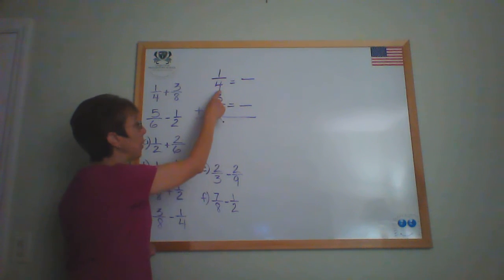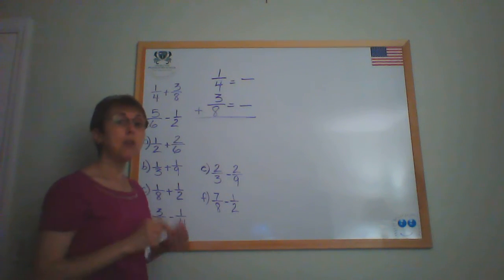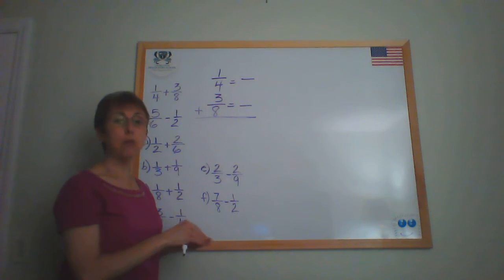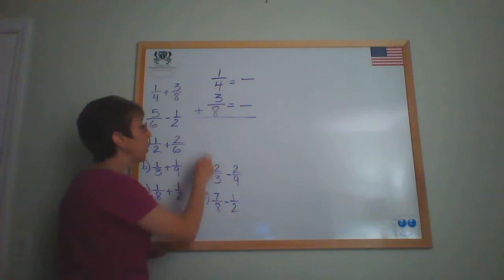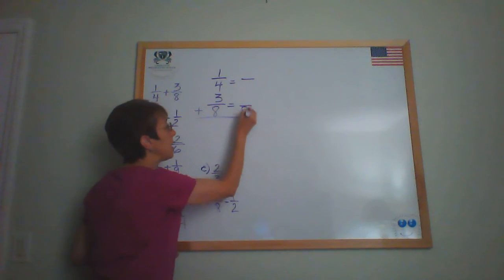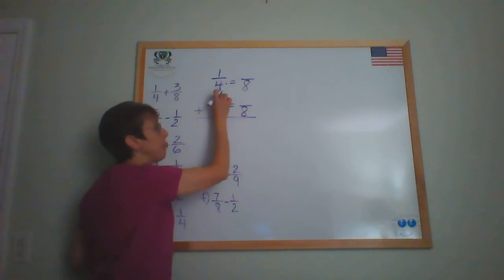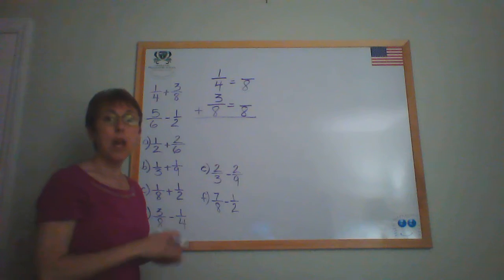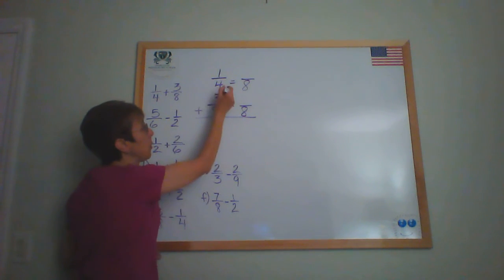So for example, we can see here that we have 4 and 8. And you know that with 4, if you multiply 4 by 2, that will give you 8. So in this case, we're going to keep the 8ths and we're going to change our fourths into eighths. How many eighths equal the fourth? So what we do here is we say, what do we do to the 4 to get 8?